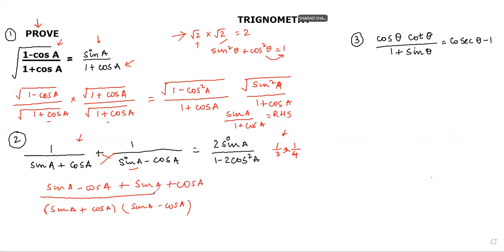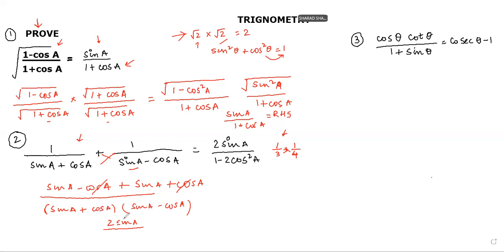And now if you see in the numerator, cos A is gone, minus plus, I'm left with 2 sine A in the numerator. And in the denominator, again you see the basic identity, a plus b into a minus b.